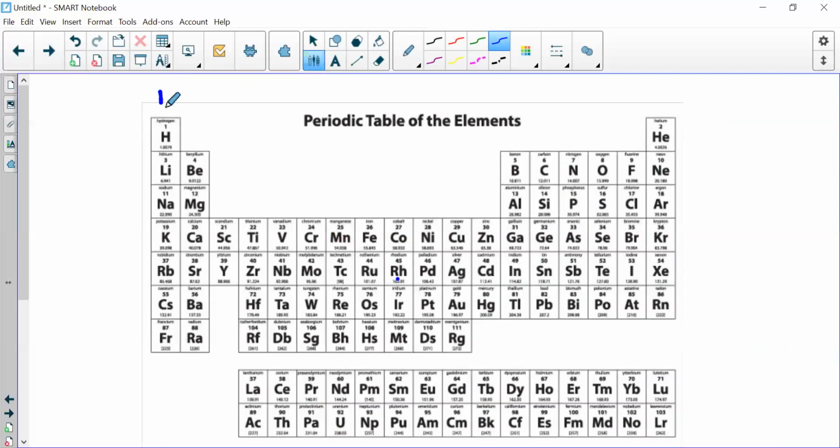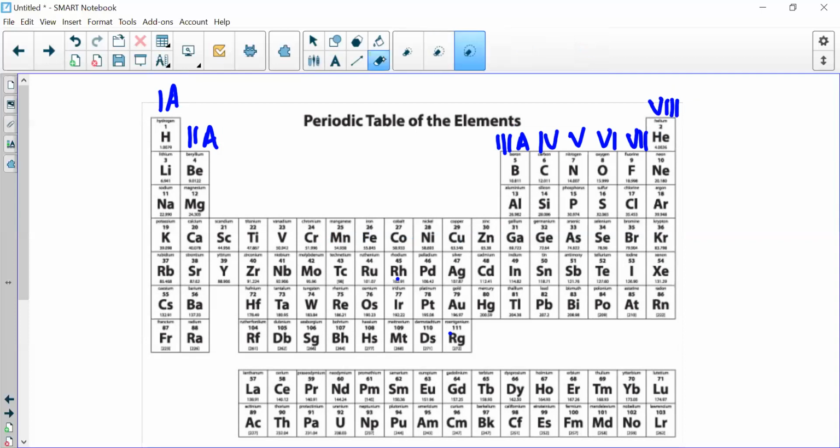So this is group 1 or 1A. This is group 2 or 2A. Generally, we write this in Roman numerals, 2A. We skip these. This is 3A, 4A, 5A, 6A, 7A, and 8A.